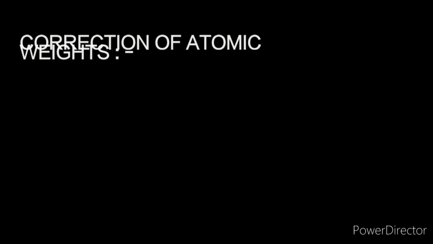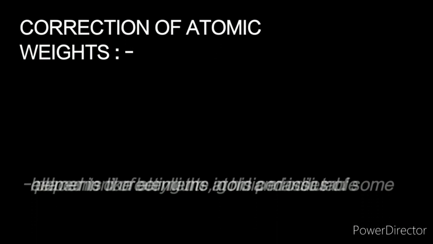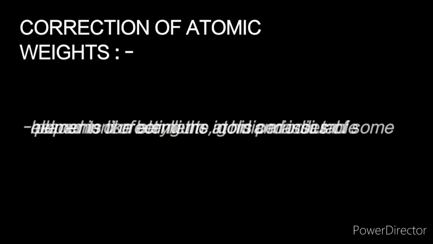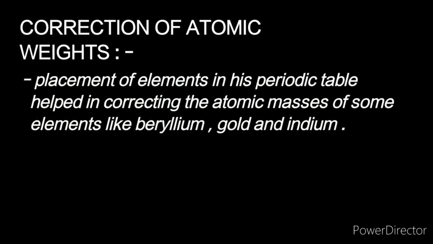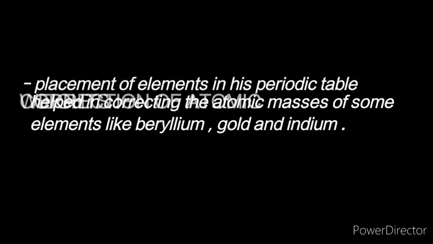Fourth one, correction of atomic weights. The placement of elements in Mendeleev's periodic table helped in correcting the atomic masses of some elements like beryllium, indium and gold. For example, at the time of Mendeleev, beryllium was given atomic weight 13.5. Atomic weight is equal to equivalent weight into valency.